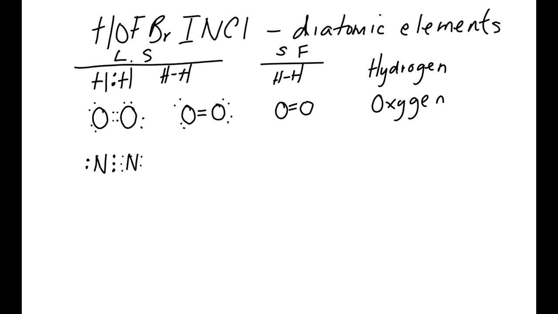There's our Lewis dot structure, or there's our Lewis dot structure. And structural formula just shows the bonds. So this contains a triple bond, and this is the element nitrogen as it exists in nature. The air around you is 78% this, N2.